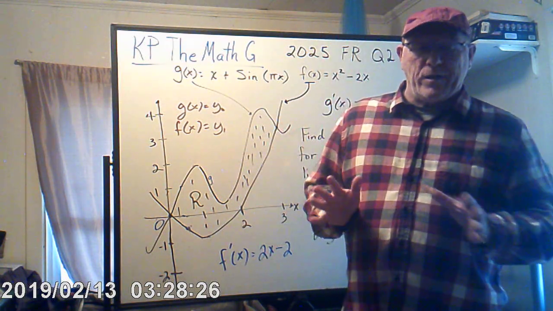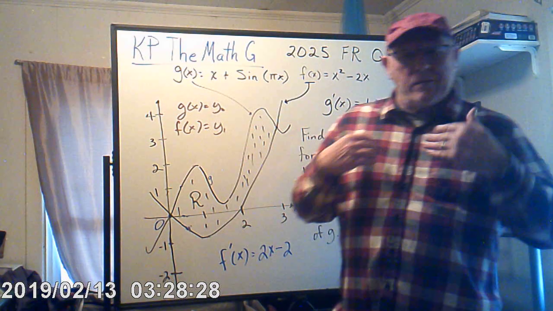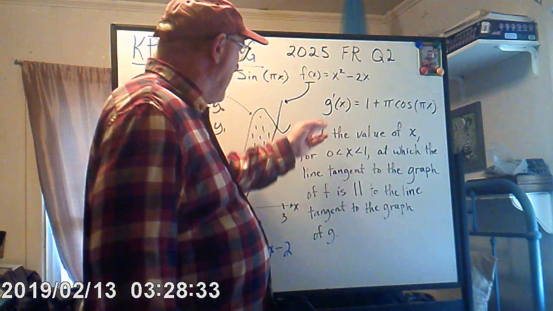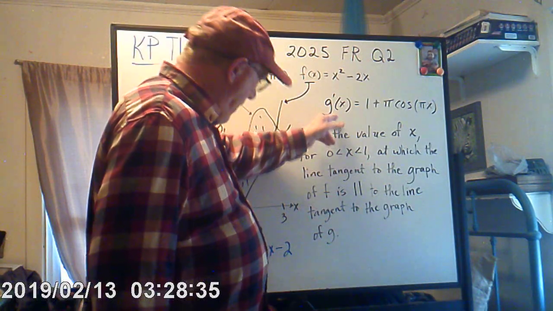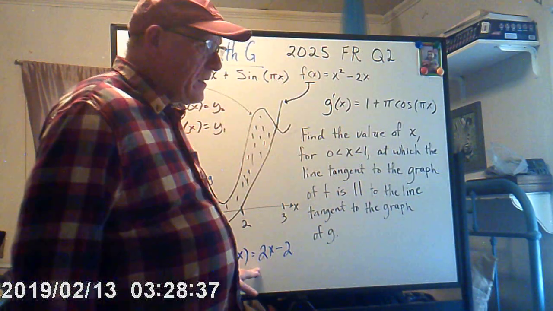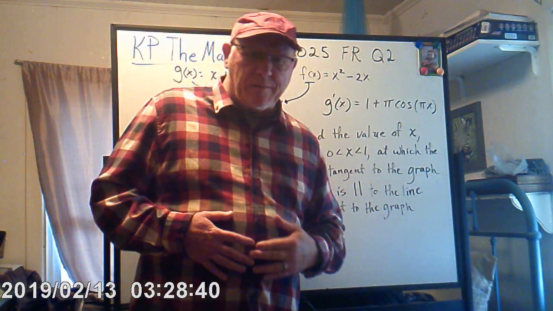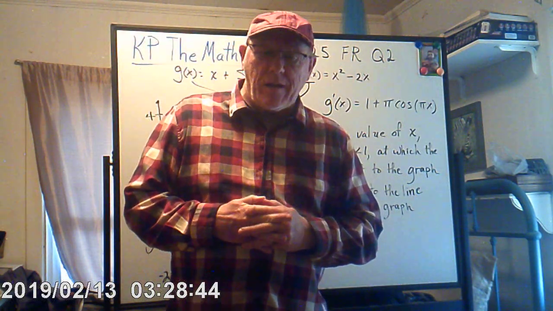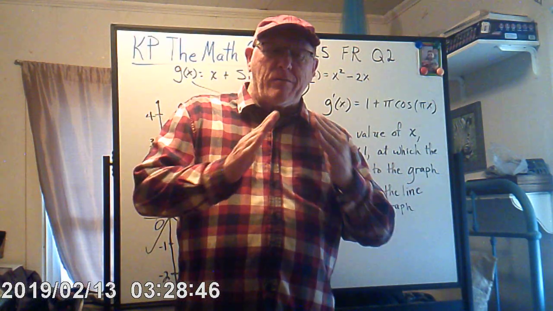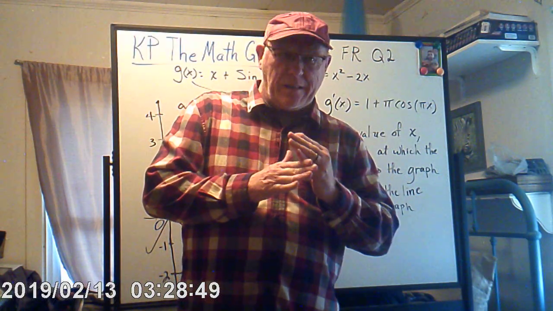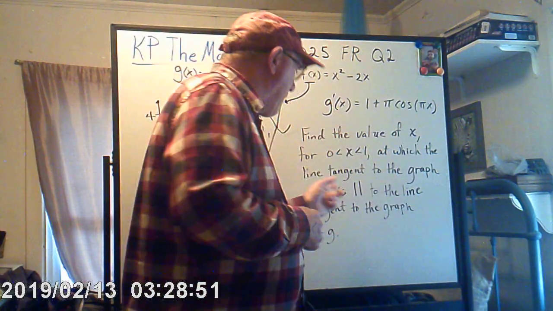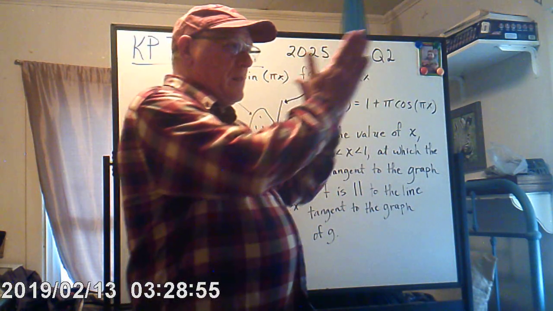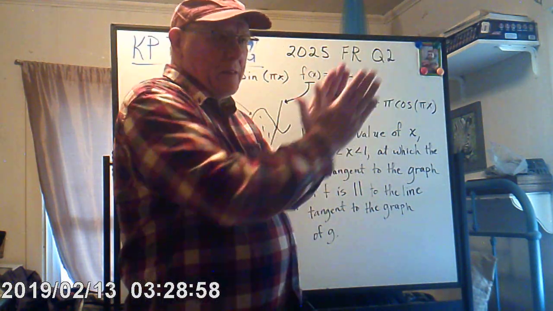So what do we do? We find the graph of this one and the graph of this one. And what are we looking for? Yes, if you said point of intersection, you're correct, because when we find the point of intersection, that's when the slopes are equal to each other.